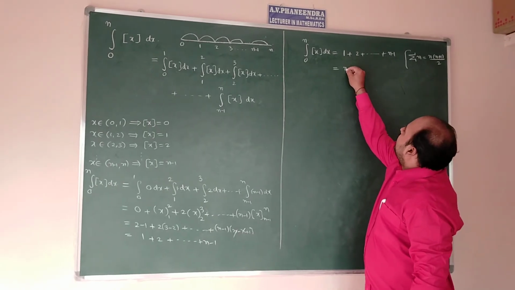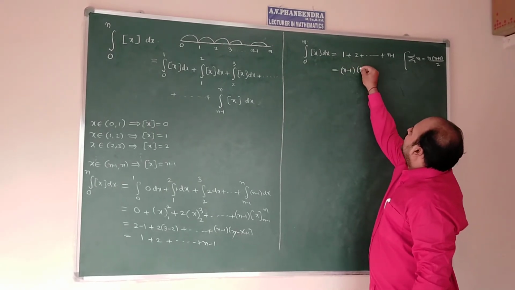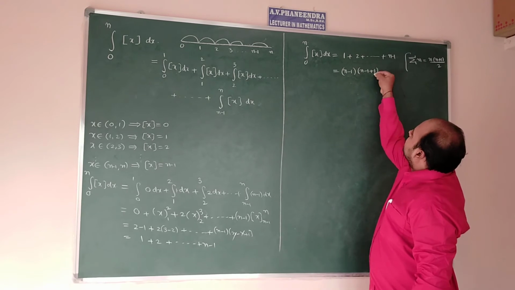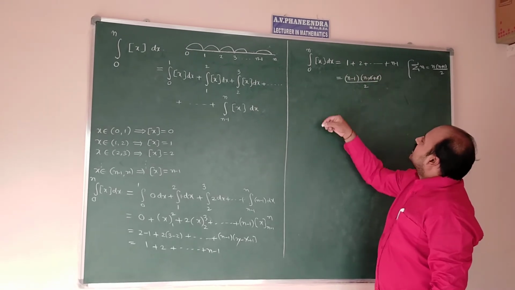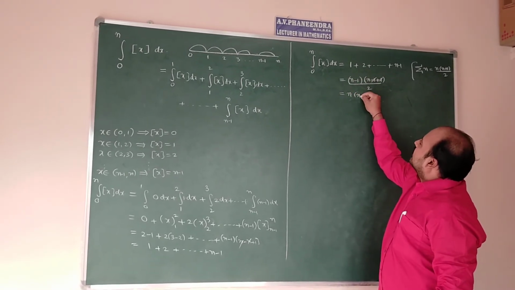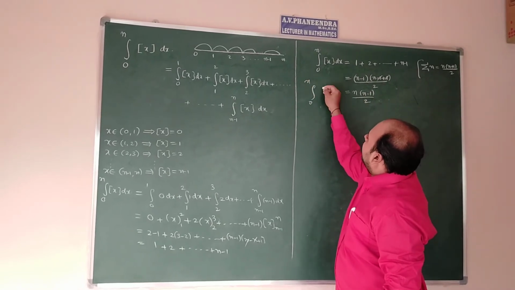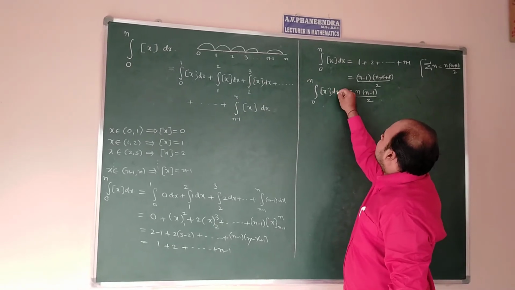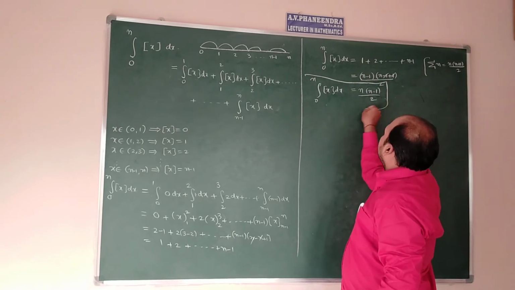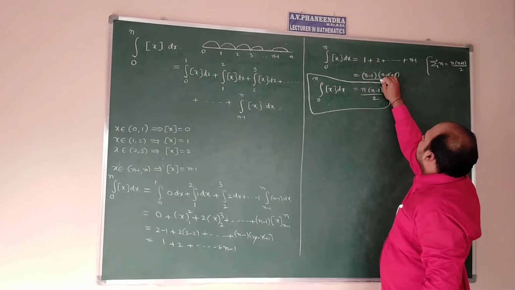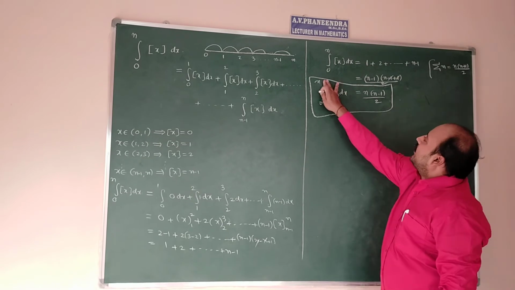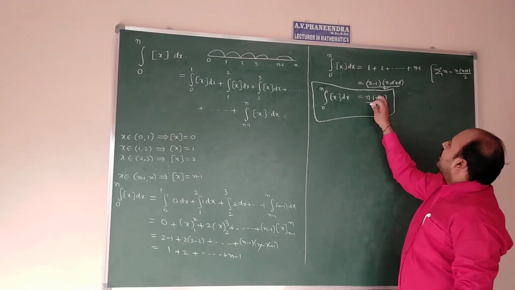Therefore, n minus 1 into n minus 1 plus 1 divided by 2, plus 1 minus 1 cancel, n into n minus 1 divided by 2. Now integral 0 to n step x dx is equal to n into n minus 1 by 2.